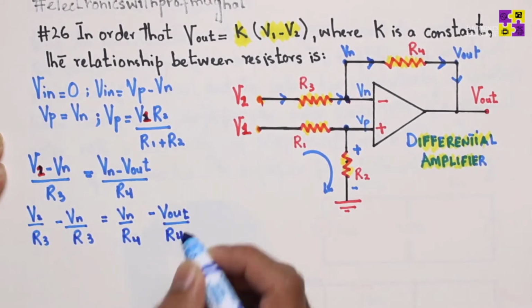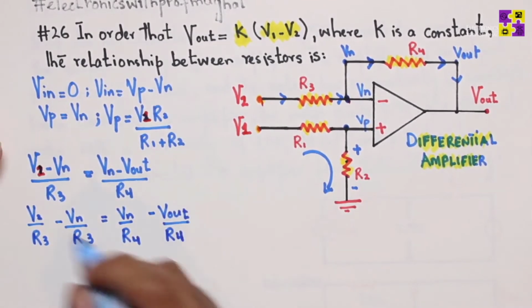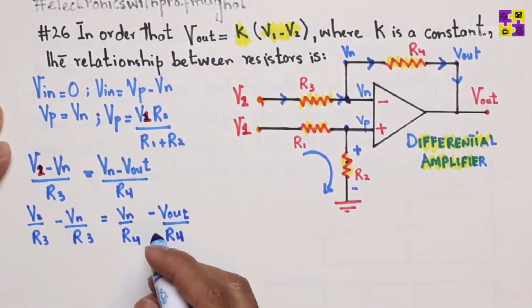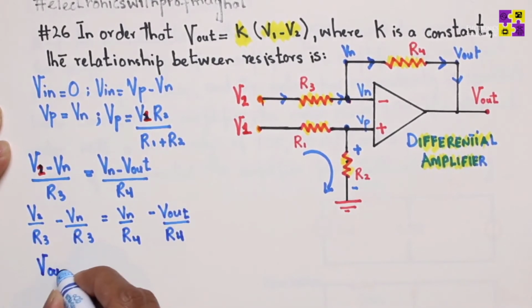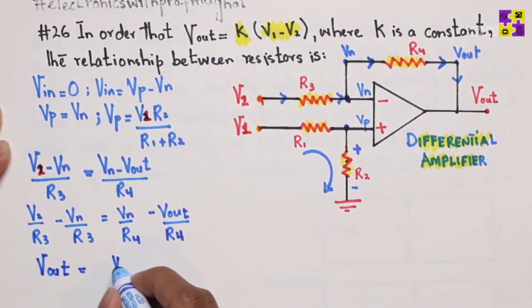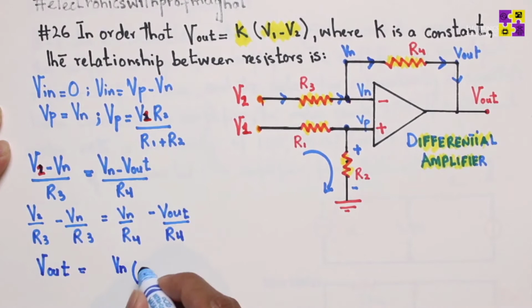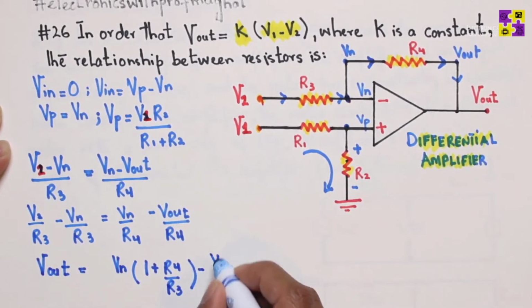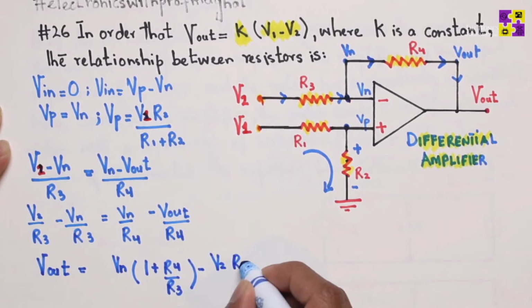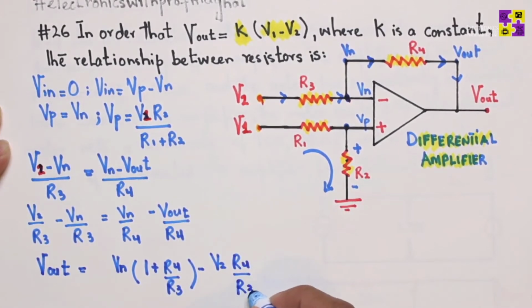Now if I rearrange this equation such that I am interested in finding Vout, this equation becomes Vn times (1 plus R4 over R3) minus V2 R4 over R3.